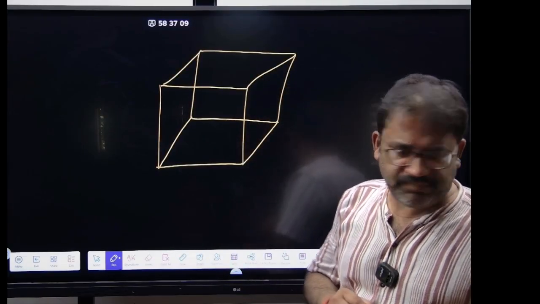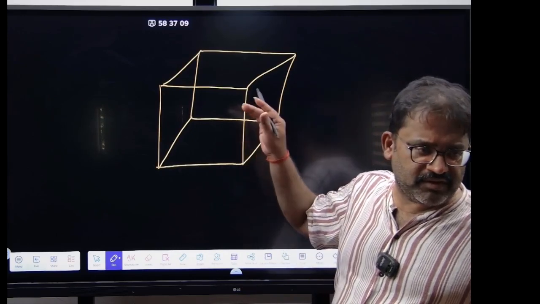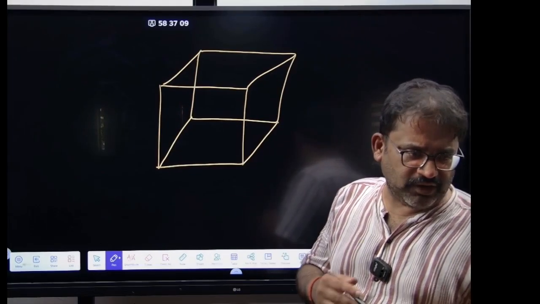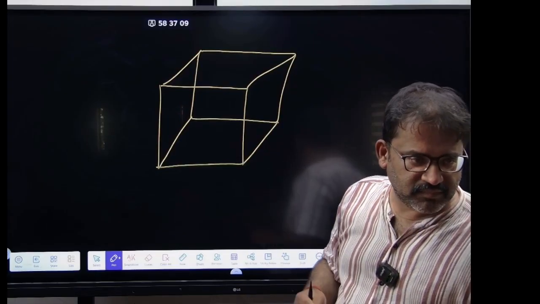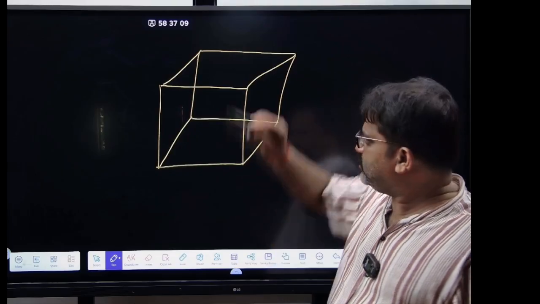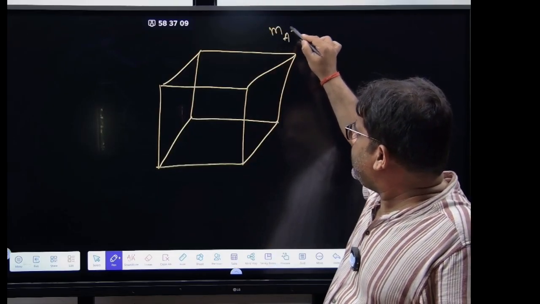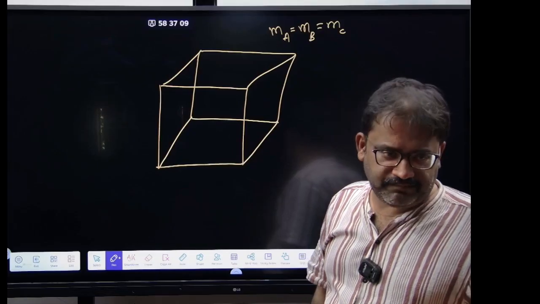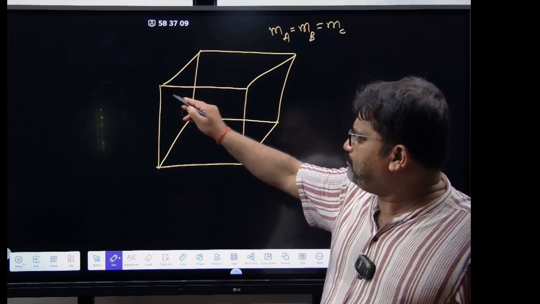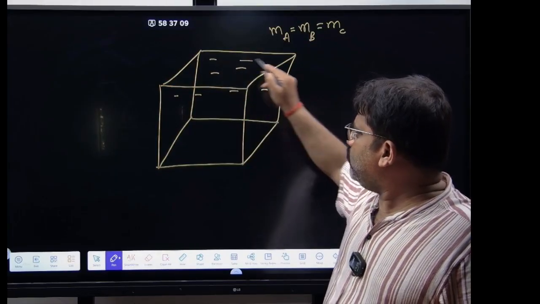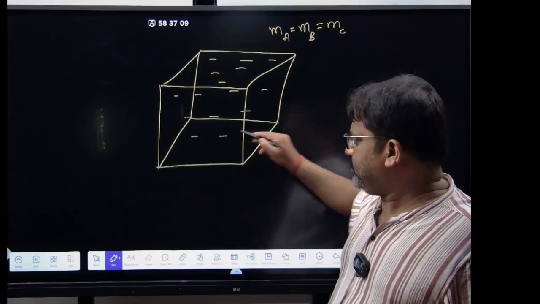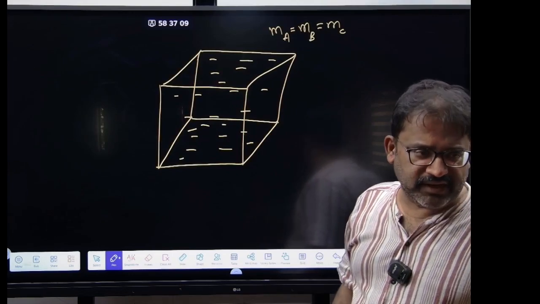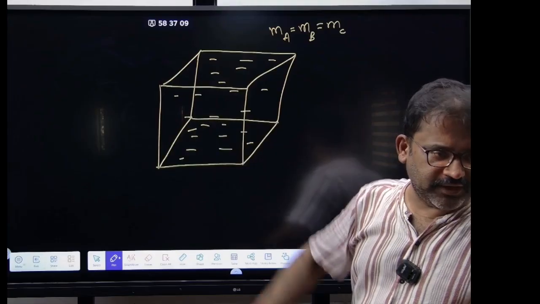Now, according to the question, what are the masses of the liquids present? Read the question again loudly. Three liquids of equal masses are taken. Equal masses. That means mass of liquid A is equal to mass of liquid B is equal to mass of liquid C. Correct. Now that the liquids are poured in this cubical container, what is the force exerted by the liquid on the base of the container?